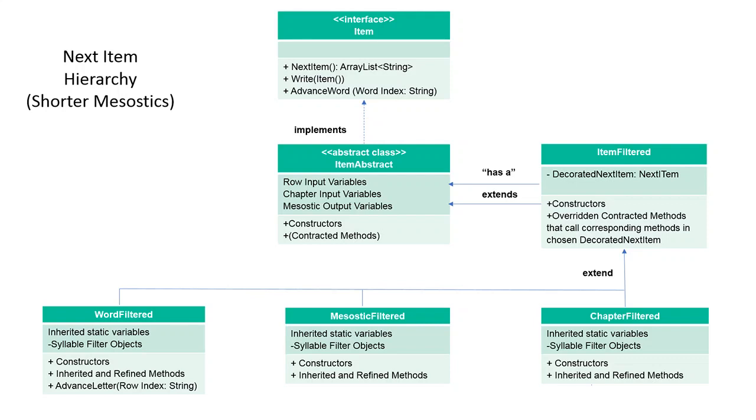OOP aficionados out there will be familiar with the use of a core set of objects and their methods, which are then decorated with further methods. So what we're doing here with WordFiltered down on the left is it's extending an abstract filter.